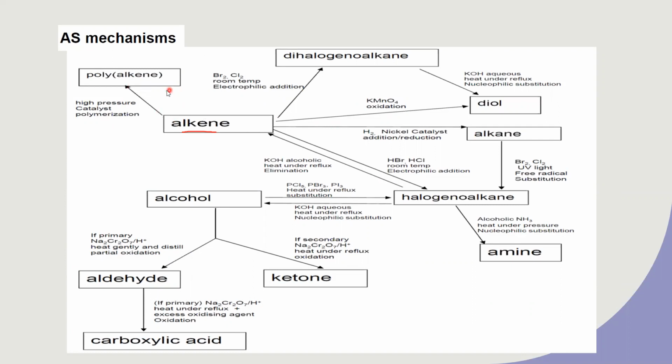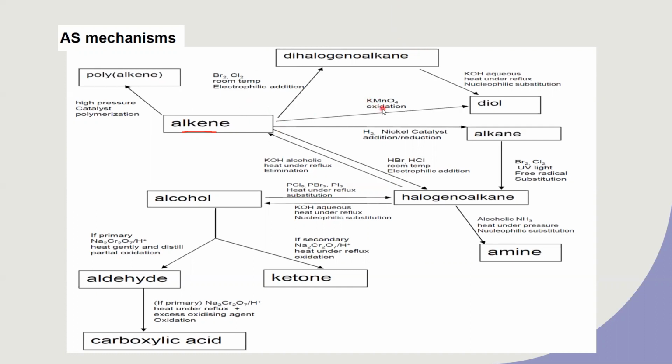Like if ethene is there, polyethene; butene, polybutene. If you react with halogens such as chlorine or bromine, the reaction is called electrophilic addition, and that will form a dihalogenoalkane like 1,2-dibromoalkane, 1,2-dichloroalkane.